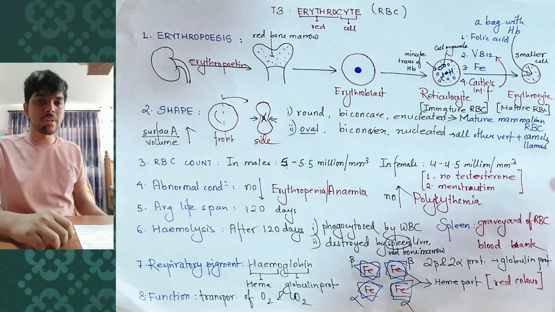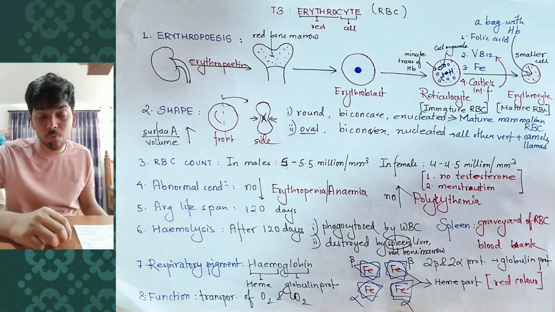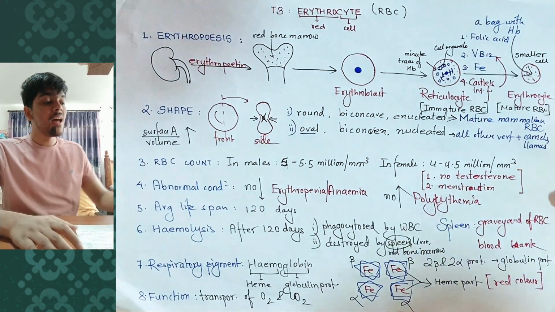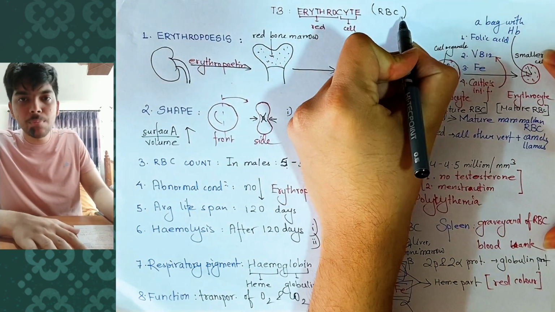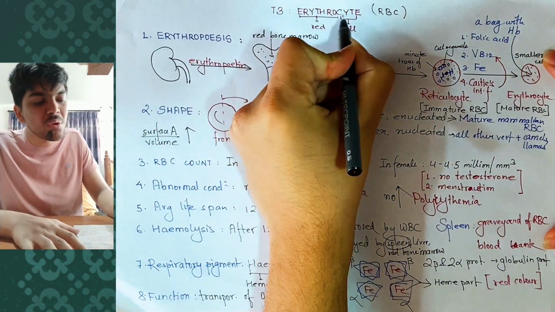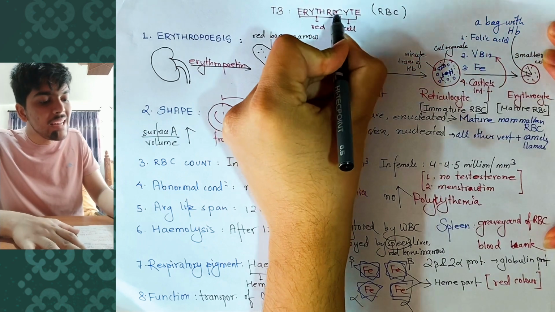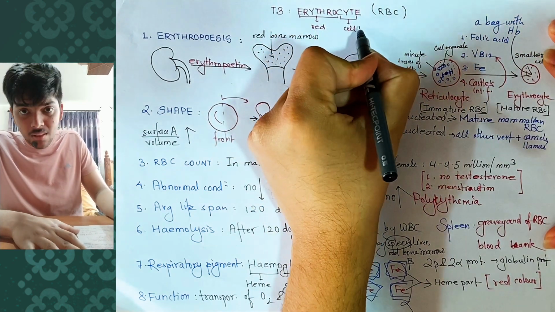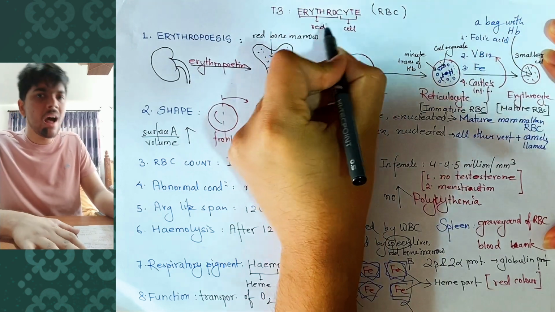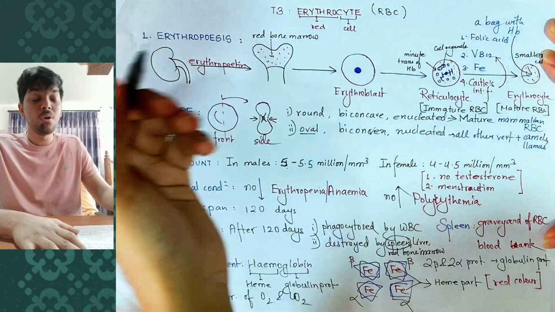So the second layer, which makes up 45% of what's present in your blood, is red blood cells. A red blood cell, or RBC, is also called an erythrocyte, where the erythro portion means red and the cyte portion means cell. So the cells that are red blood cells. There you go.